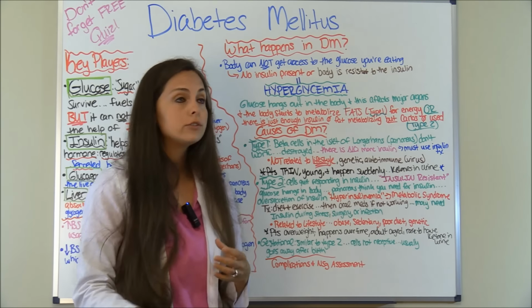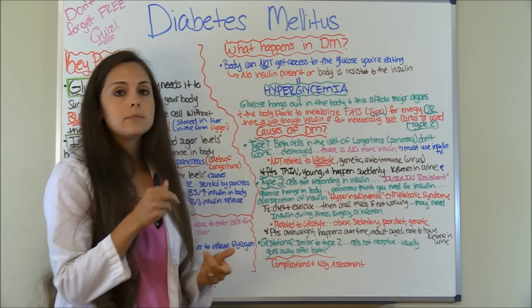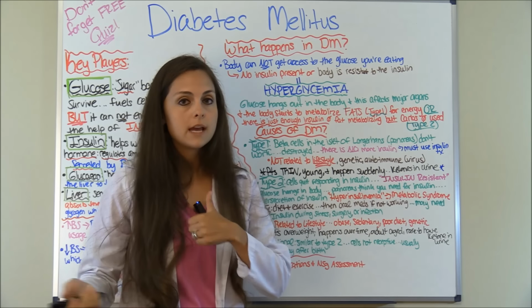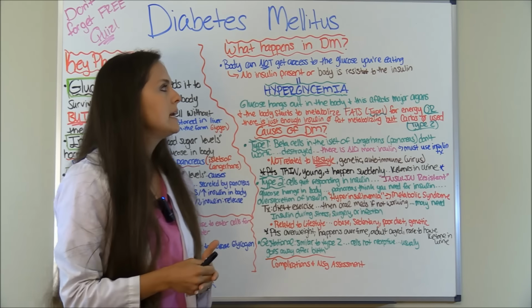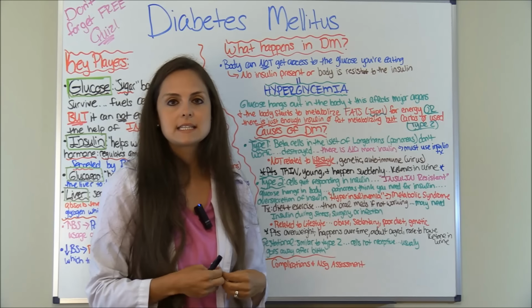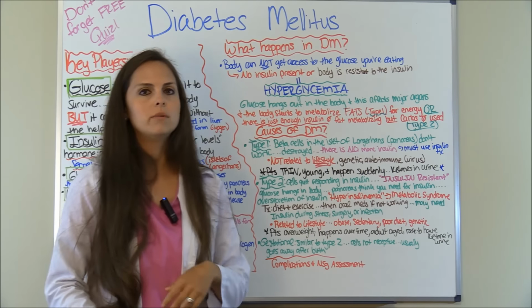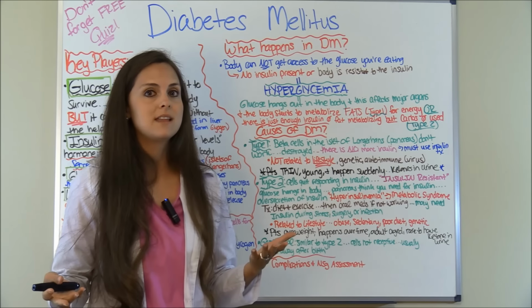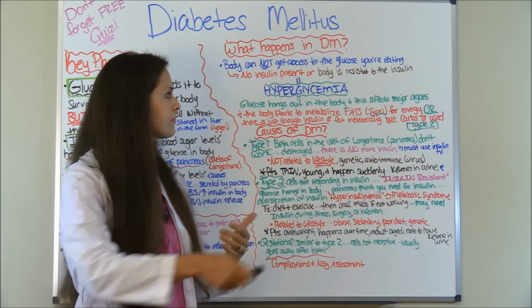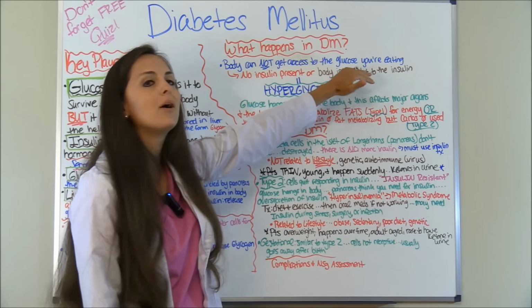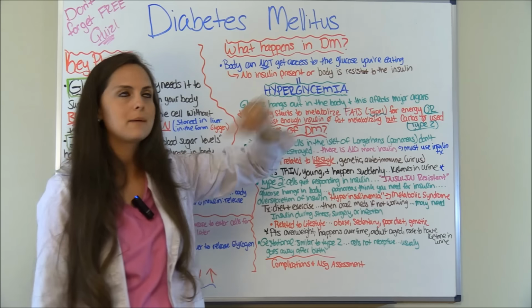And this is due to either no insulin being present, because the beta cells in the pancreas were damaged, or the body is resistant to insulin. You're secreting insulin perfectly, but those cells are like, we don't want that, and they're not receptive to that insulin, so you can't use it. In type 1, there's no insulin present. In type 2, the body is resistant to insulin, which we'll go over in depth here in a second.